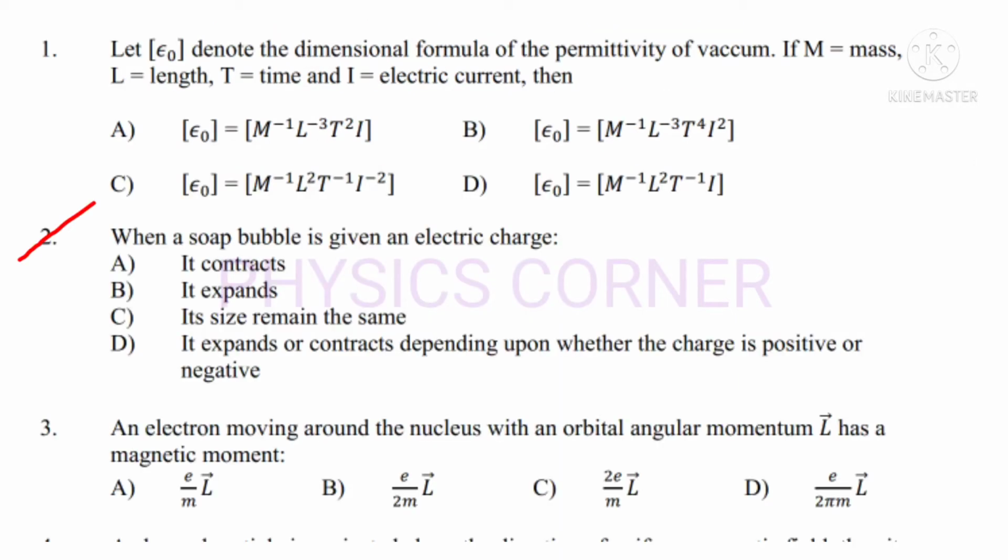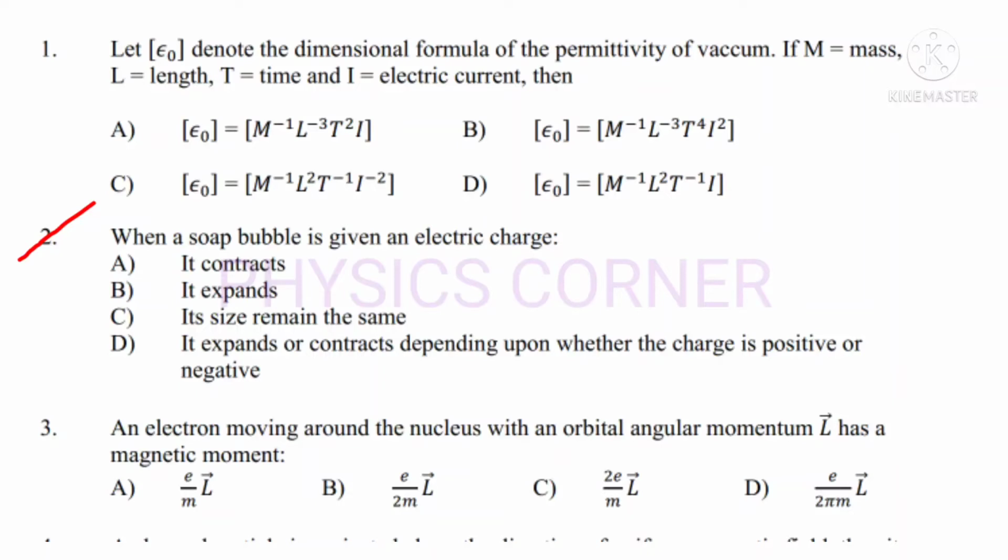Second question. When a soap bubble is given an electric charge, it contracts, it expands, its size remains the same, or it expands or contracts depending upon whether the charge is positive or negative. So, we know that a soap bubble has a spherical shape, right?